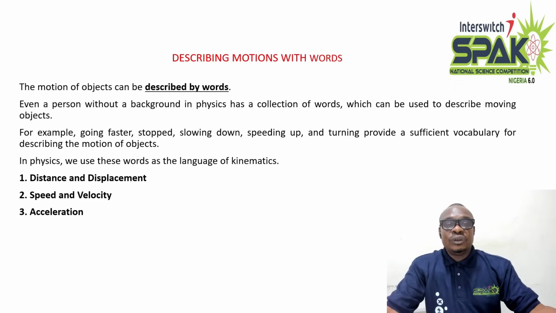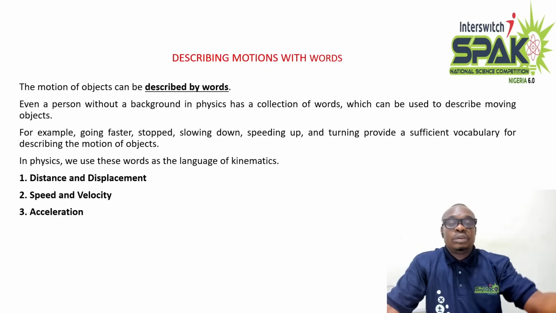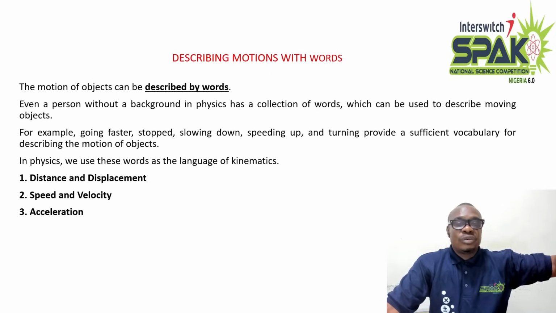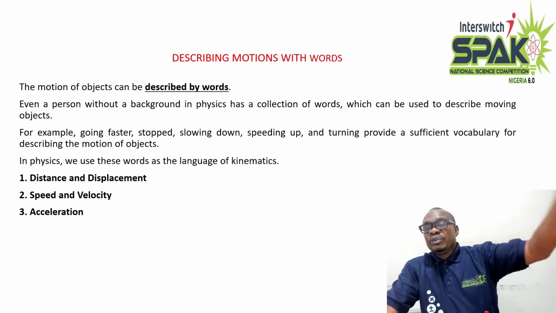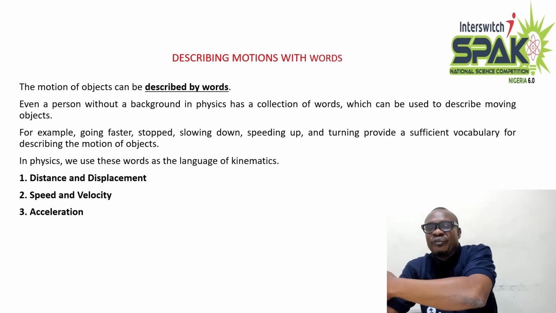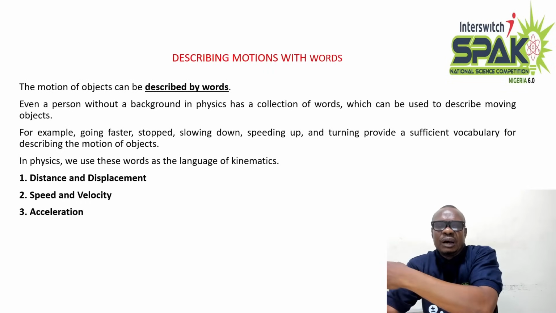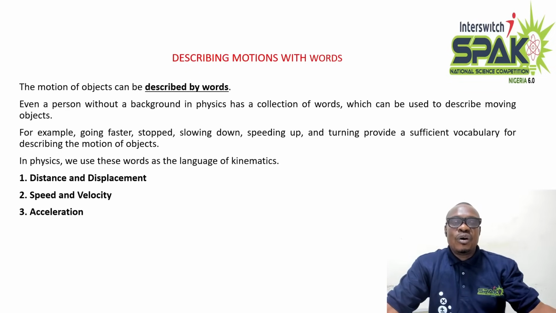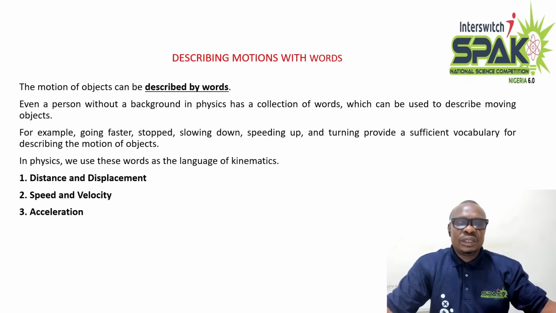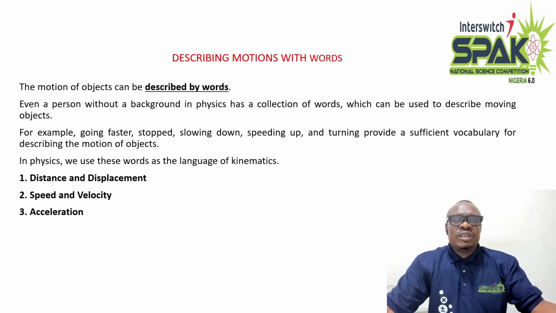For instance, one can say stop, slow down, the vehicle is speeding up, or returning. All these provide a sufficient vocabulary for describing motion of objects. You can even say that something moves very fast. Those are the words that describe motion in layman's terms.